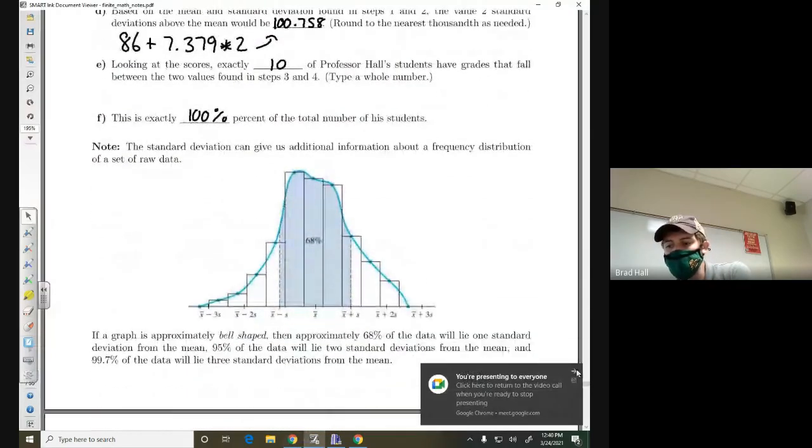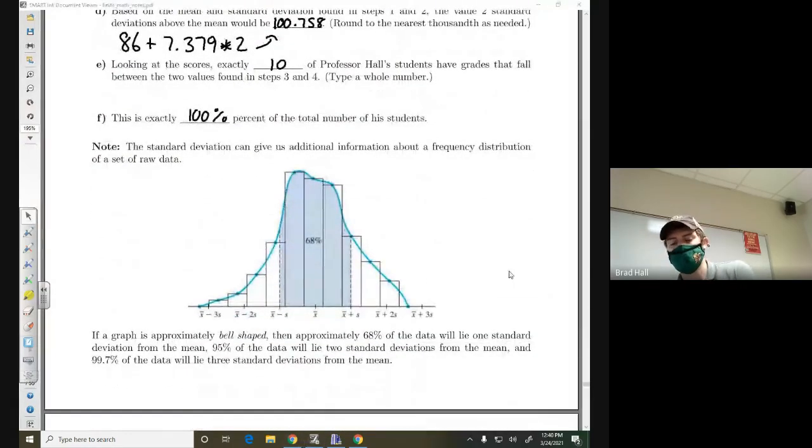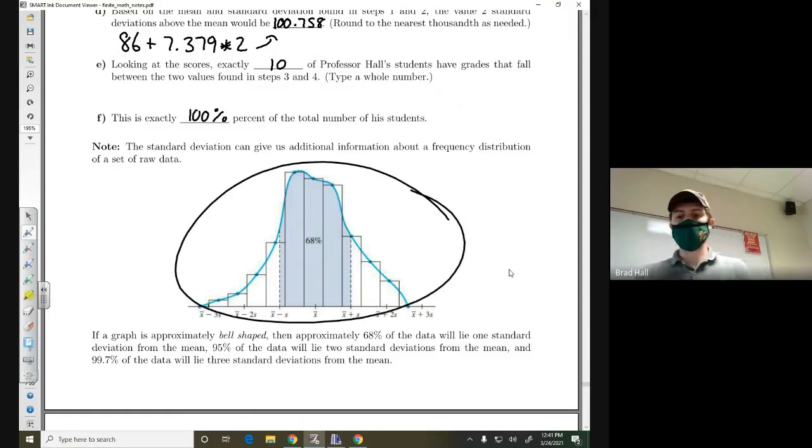I did want to give some motivation for the next section because we are done with this section in terms of the notes. The standard deviation gives us an idea about the generalized distribution of a data set, as we've been talking about. And so you'll find that in the real world, and if you take statistics next semester, you'll see a lot of graphs that look like this.